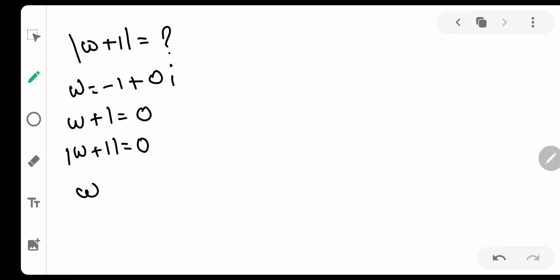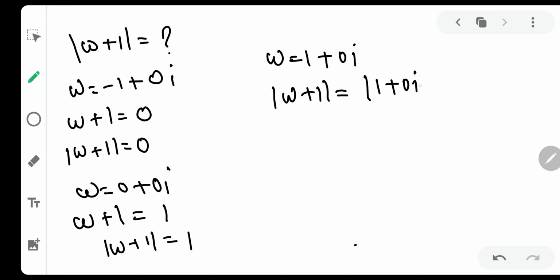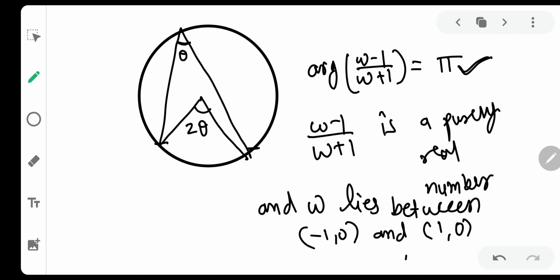Suppose omega is −1 + 0i, so omega + 1 will be literally 0, so |omega + 1| will be 0. Suppose omega is 0 + 0i, so omega + 1 would be 1, so |omega + 1| would be 1. But suppose omega is equal to 1 + 0i, so |omega + 1| would be |1 + 0i + 1|, which is equal to |2|, which is equal to 2. Hence the max value of |omega + 1| will be equal to 2.